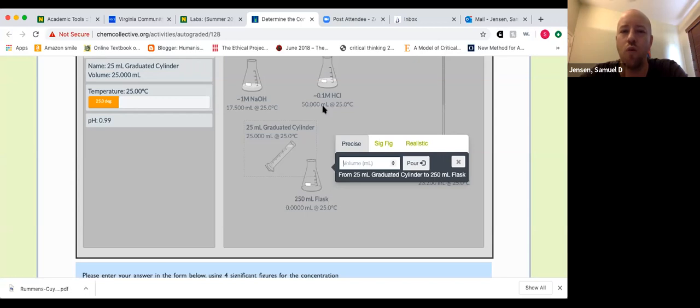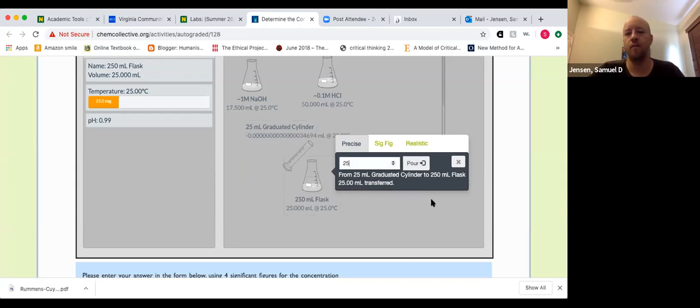But in the real world, what people were telling me is, oh, I'll just take, from this 2-liter jug, just measure off 22 milliliters into the flask. Well, how do I get 22.5 milliliters into this flask? You can't get exactly 22.5 milliliters into this flask. You would need to use a graduated cylinder to measure out the volume first.